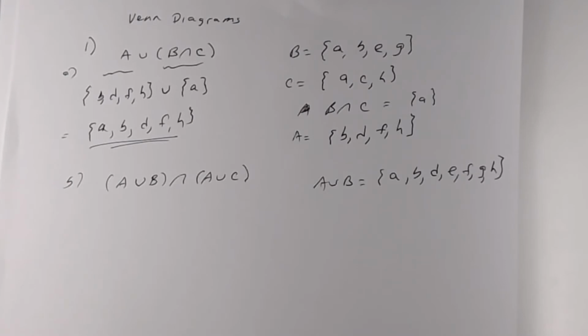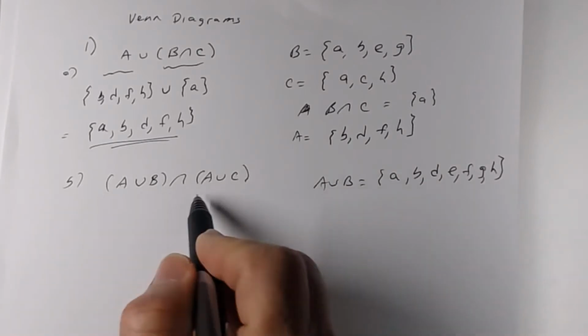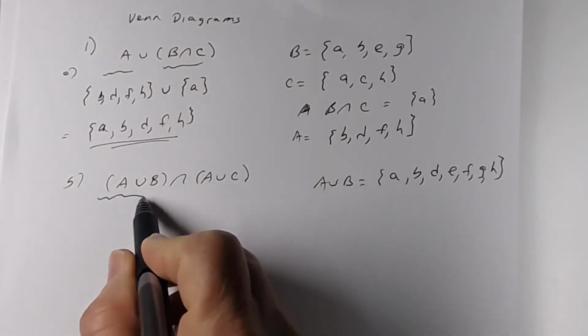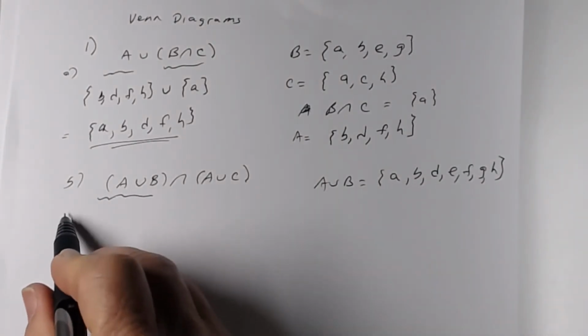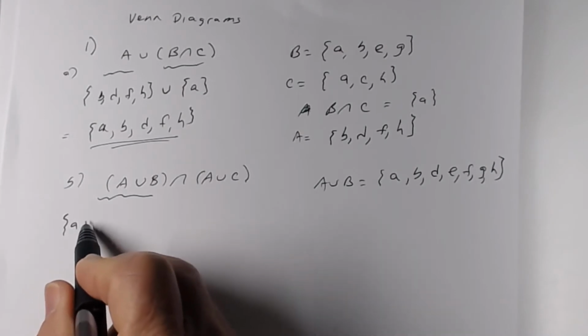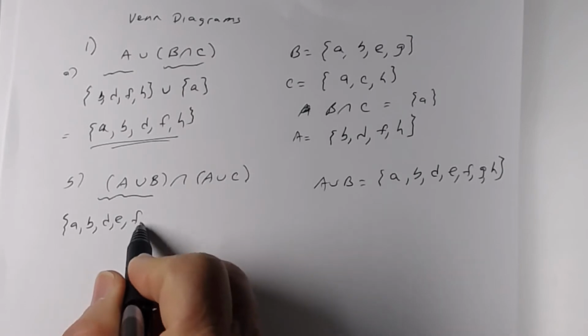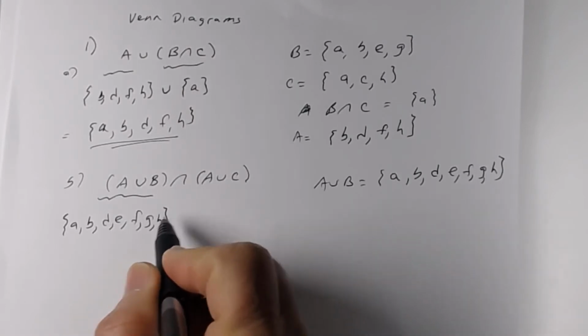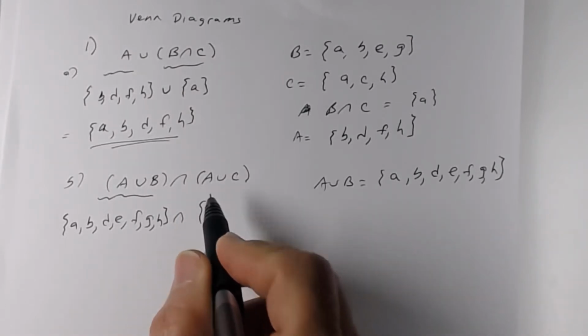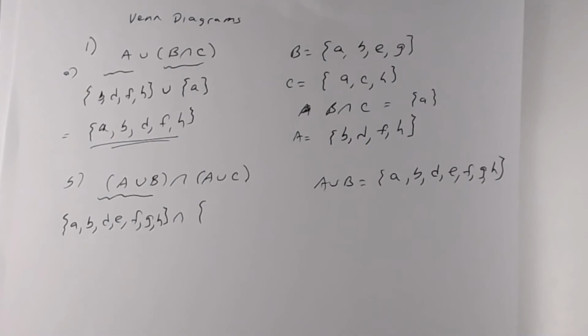So that's the set A union B. I'm going to put that here, because writing it in roster notation sometimes helps. Notice the thought process we're going through. Now I'm going to intersect that with whatever A union C is.